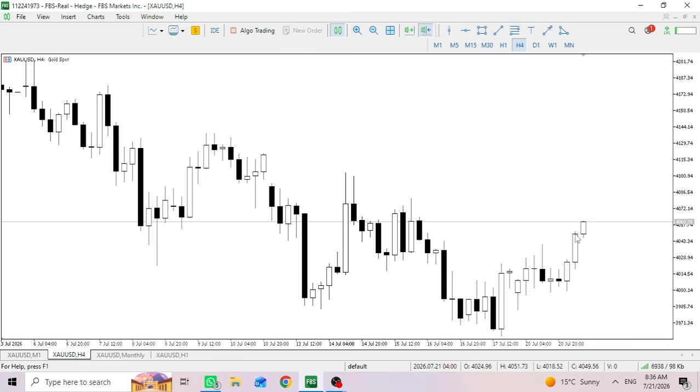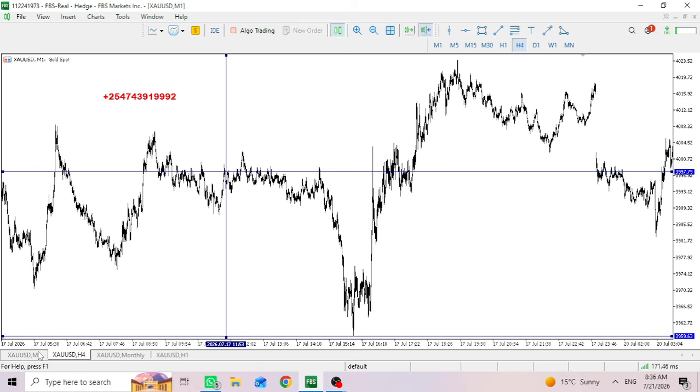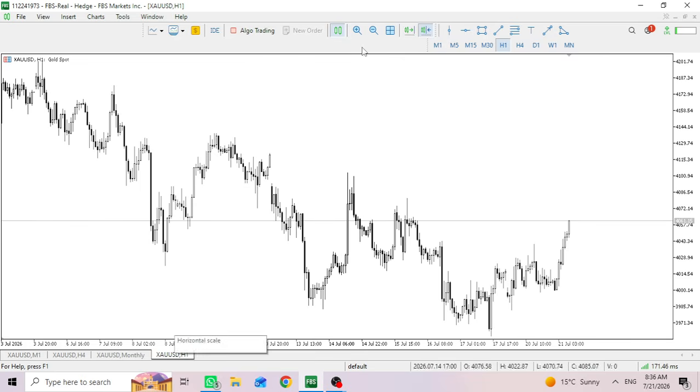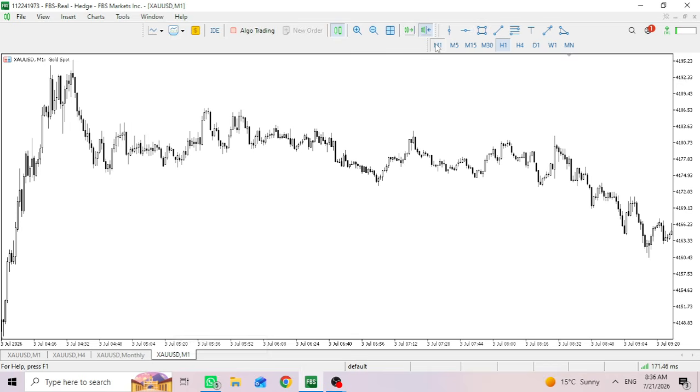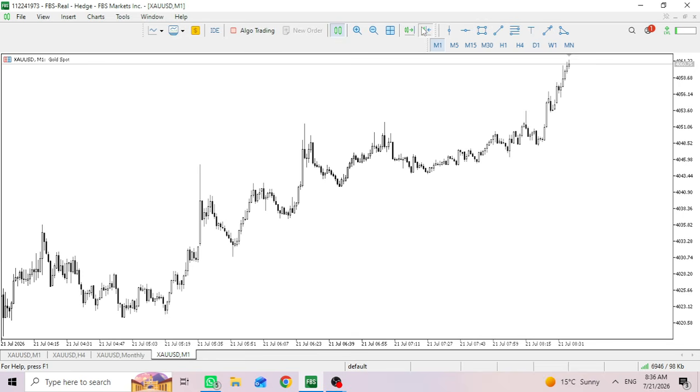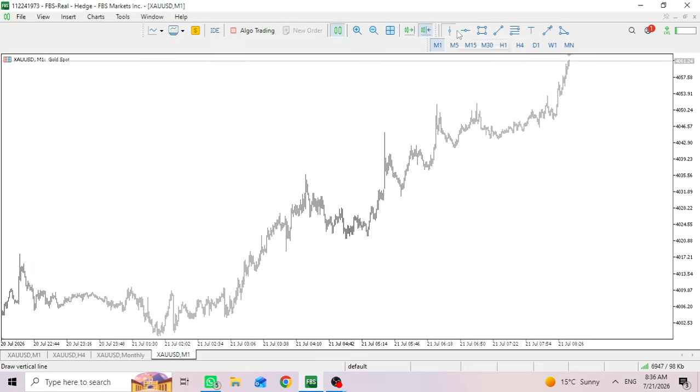I buy at 4052.58. So the market has broken 4052, and you know I've made a big mistake, because I won't trade today. The trade has left me. It broke 4052, it was supposed to keep buying.